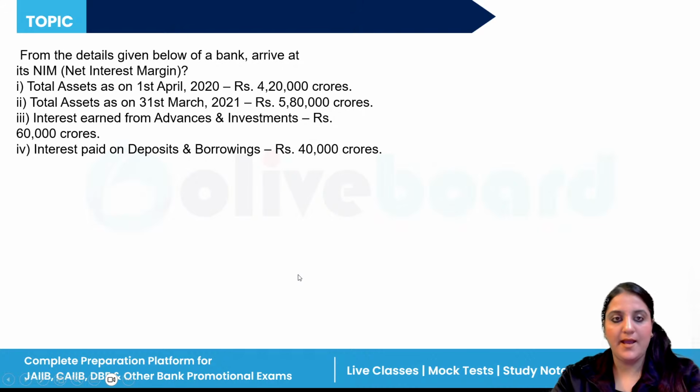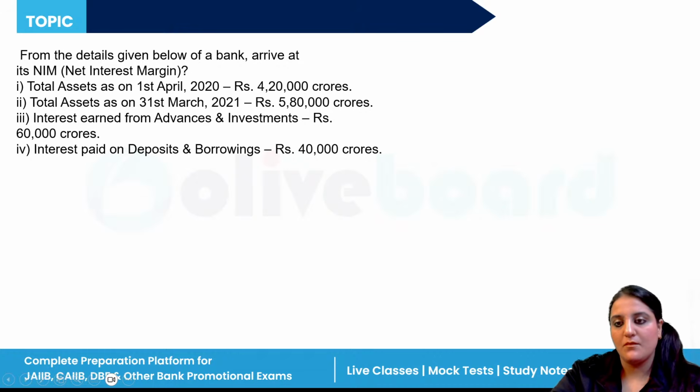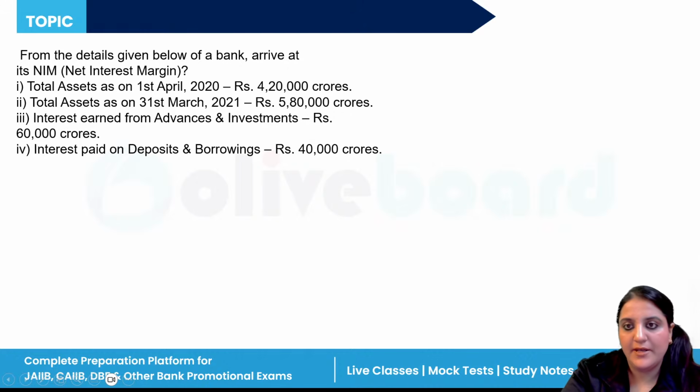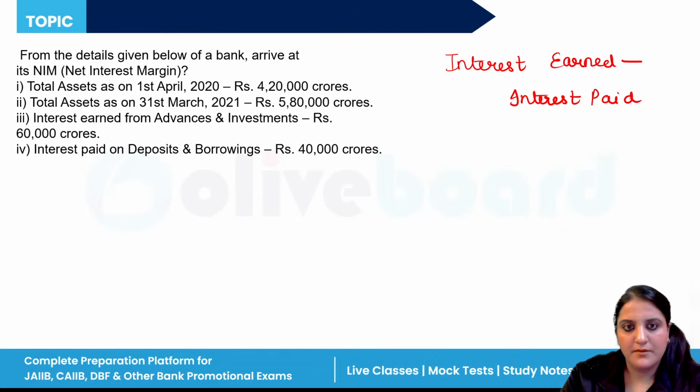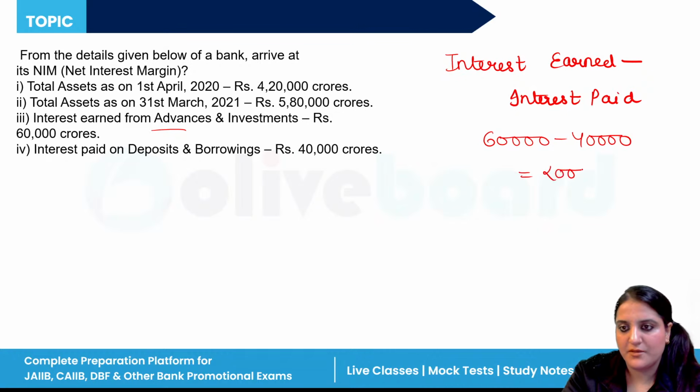So let's calculate the NIM here. First, let's calculate interest earned minus interest paid. That is here, interest earned 60,000 minus 40,000, which equals 20,000.